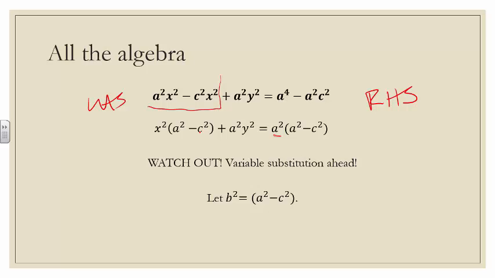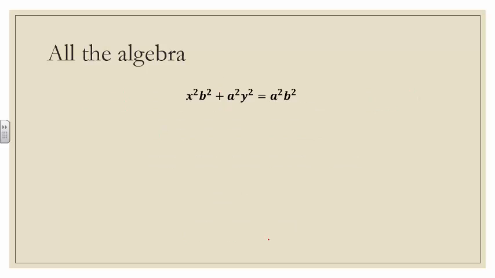We notice we have an a squared minus c squared on both sides, the left and the right, and we just replace it with b squared, giving us x squared times this b squared plus a squared y squared, we haven't touched that term, and a squared b squared on the right. It looks a lot cleaner now.